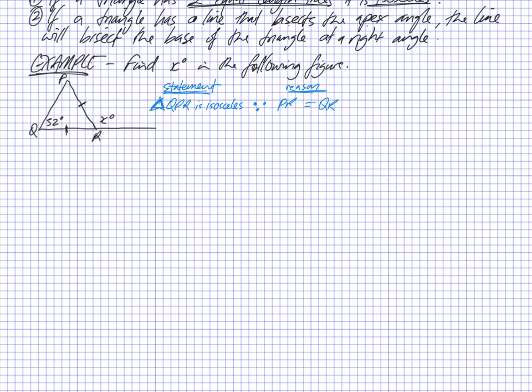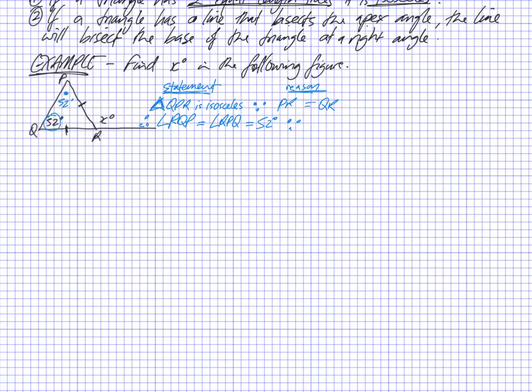Because I know that it's isosceles, therefore angle RQP is going to be equal to the angle RPQ. So that angle there, 52 degrees, is going to be the same as that angle there, also 52 degrees. So I'm saying they're both going to equal 52 degrees. Why?